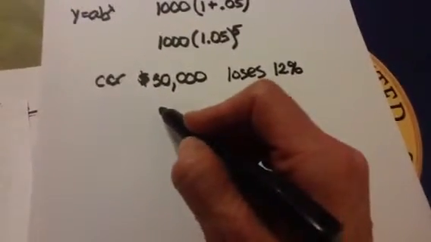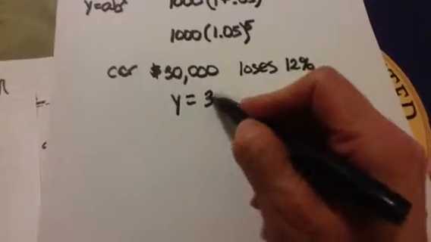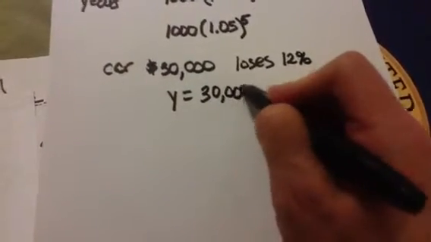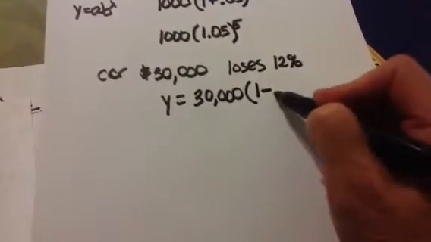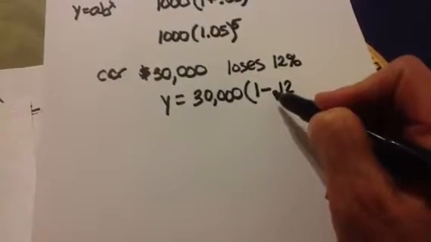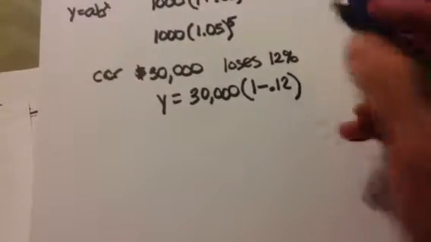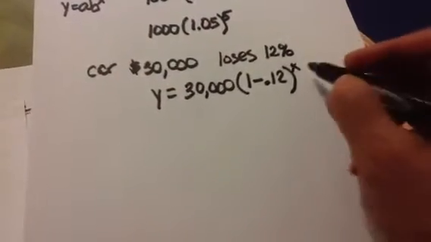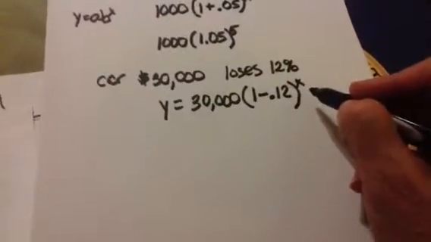So I want to find out what my car is worth after 3 years. I would take my starting value of 30,000 times 1 minus 0.12, that's my rate changed to a decimal, and I'm subtracting because it's losing value. And then I could say to the x power, and if I wanted to know what it was after 3 years, I would put 3 in there.